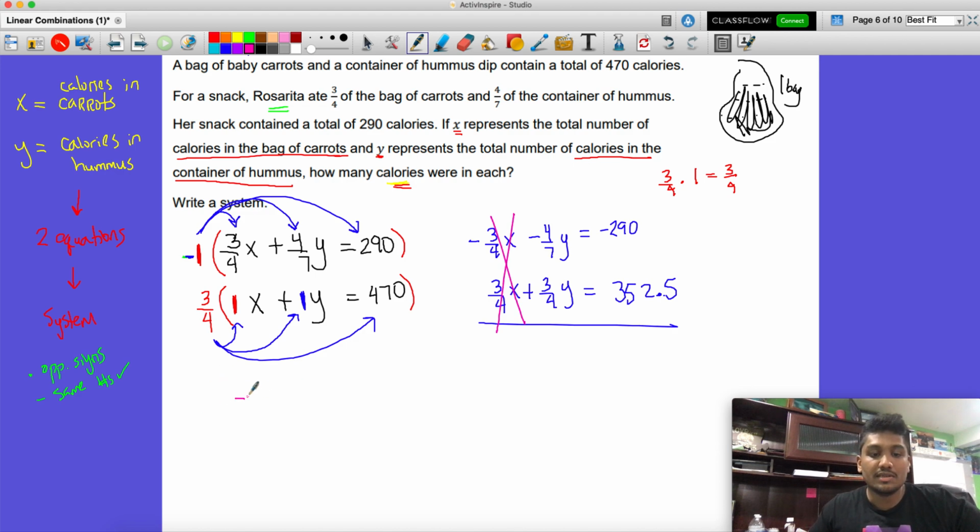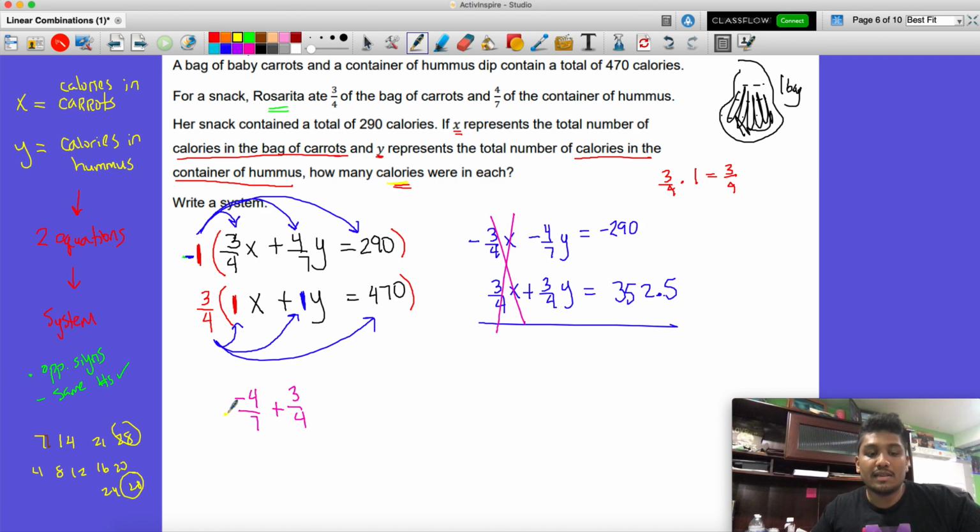If we were to do this, -4/7 plus 3/4, I don't know if you remember how to do fractions, but it's not that hard. You're going to choose a common denominator. Count by 7: 7, 14, 21, 28. Count by 4s: 4, 8, 12, 16, 20, 24, 28. The first number they have in common is 28.